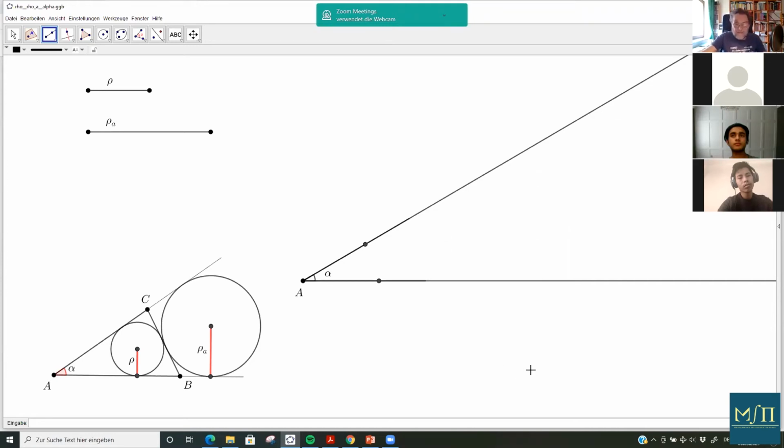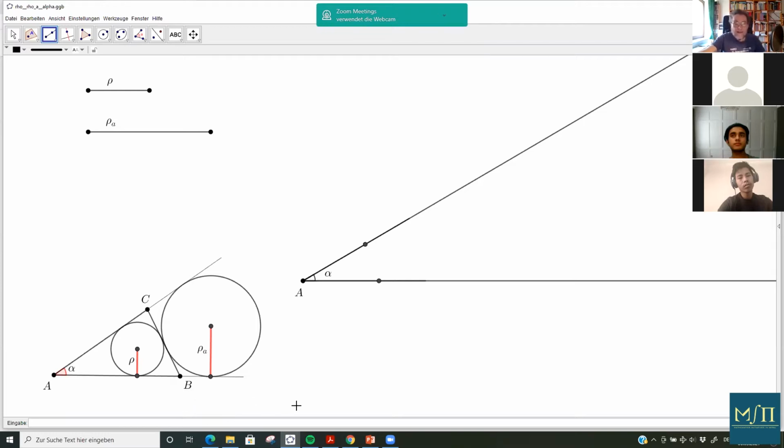Now, we need to have some way to introduce the inradius and the exradius. And if we take a look at the little drawing that we have in the corner here, that's of course not to scale and has nothing to do with the actual lengths of the segments that we have given, but it sort of gives us an idea of what's going on.